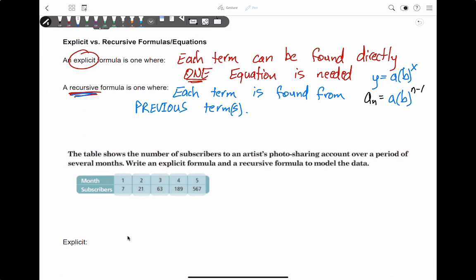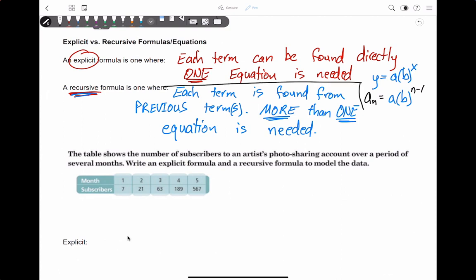This one requires more than one equation. You're going to see very soon that they give you two equations.